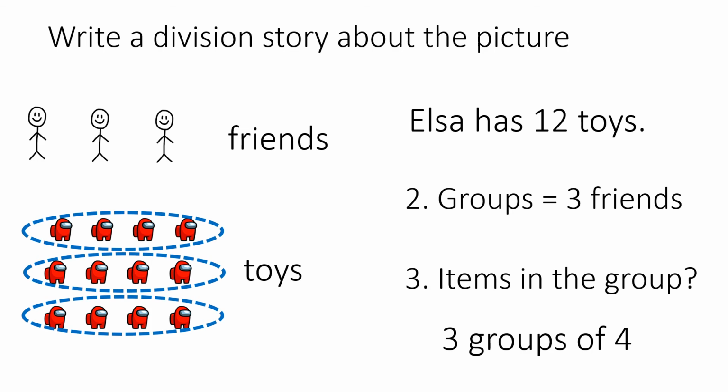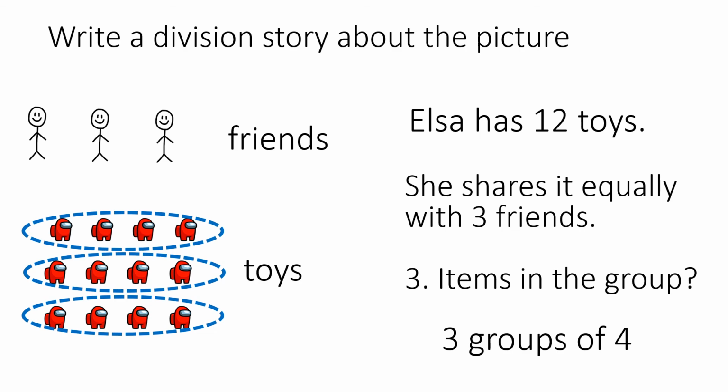What does she do with the toys? She shares it equally with 3 friends. So this sentence is very important. She shares it equally is saying that she wants to divide it equally with 3 of her friends.